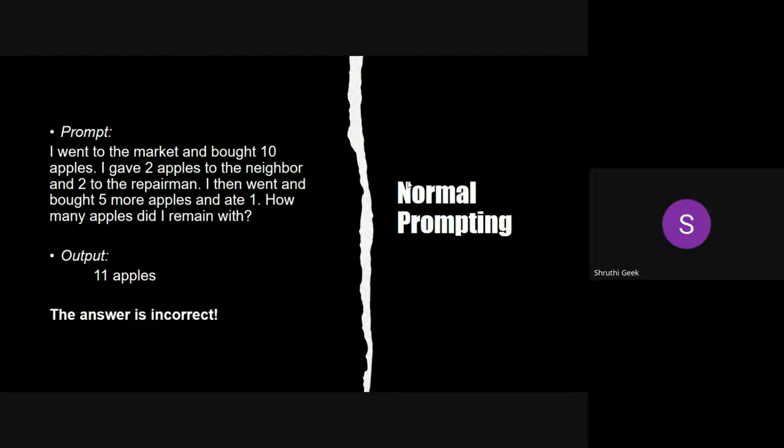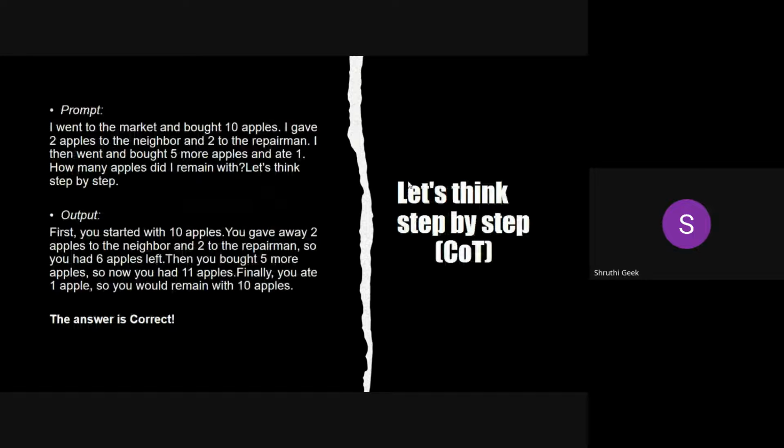But this is what was happening for around 2 to 3 months before March. So now, post the chain of thought implementation, we can see that it gives an answer like this. First, you start with 10 apples. You gave away 2 to the neighbors and 2 to the repairman. So you have 6 left.